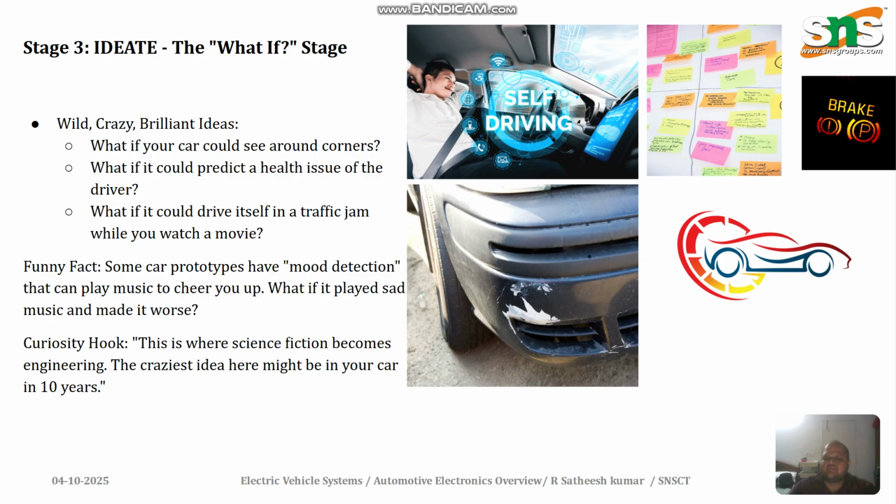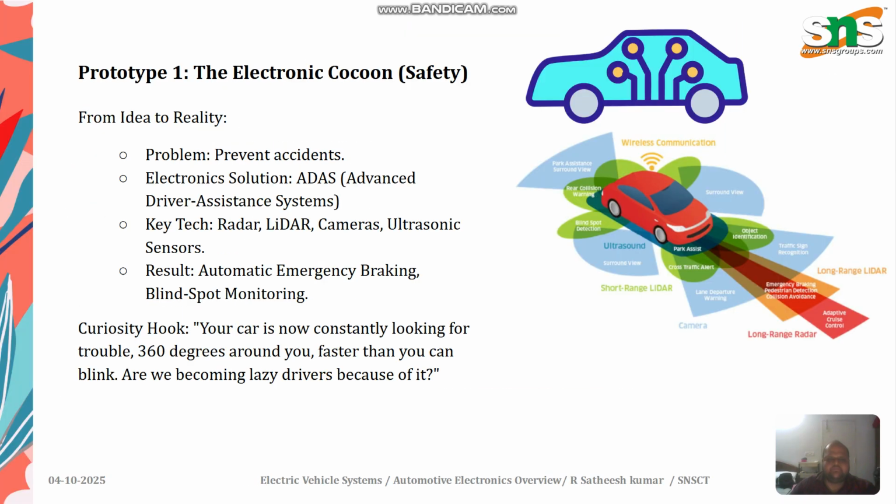All the ideas happening inside this car were once a conceptual thing in the class, later developed in the labs, and then implemented in real cars. So, the electronic cocoon. The main problem is to prevent accidents with the help of the ADAS system.